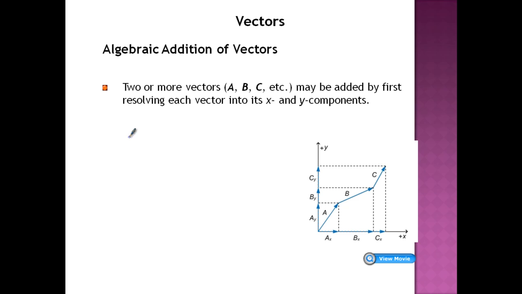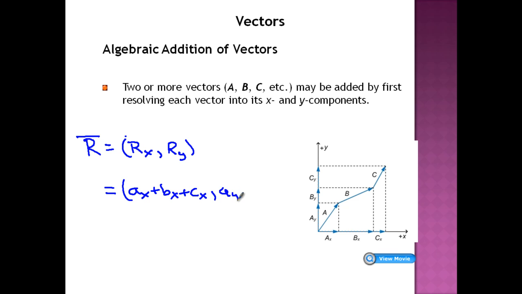So our vector, the resultant, is going to equal Rx comma Ry, which equals, in this case, Ax plus Bx plus Cx comma Ay plus By plus Cy.